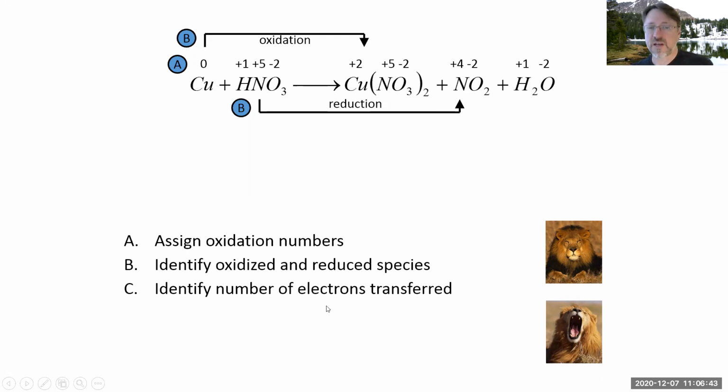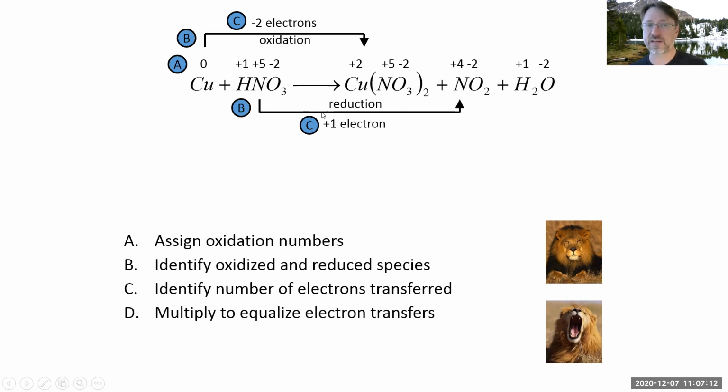Next, we identify the number of electrons transferred. So for the oxidation of copper, it's going from 0 to 2, so we have 2 electrons. For the nitrogen, going from +5 to +4, we have 1 electron that's getting transferred. But however many electrons are being lost by the copper, we have to have the same number being gained by the nitrogens, which means that we need to have 2 of this happen for every 1 of this.